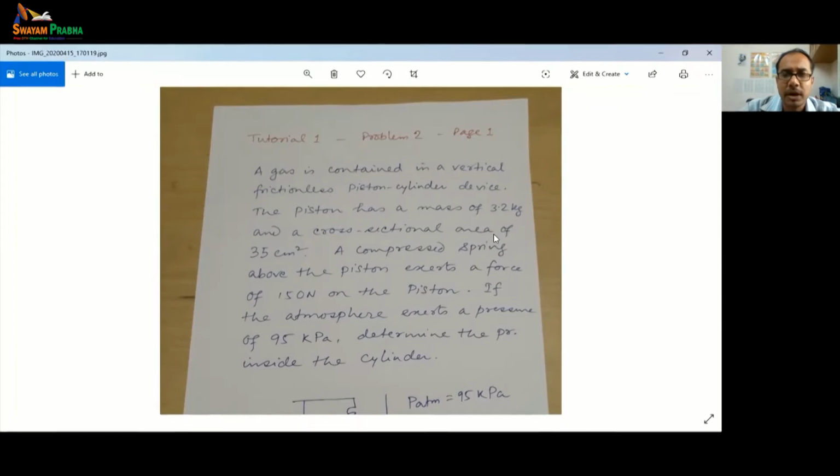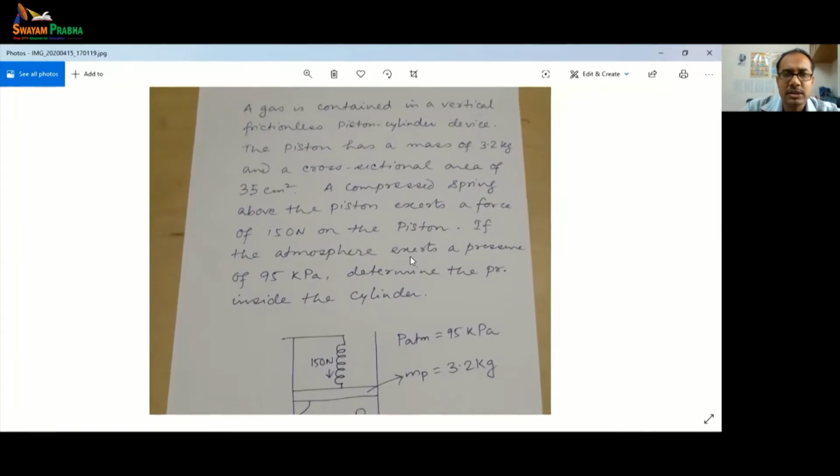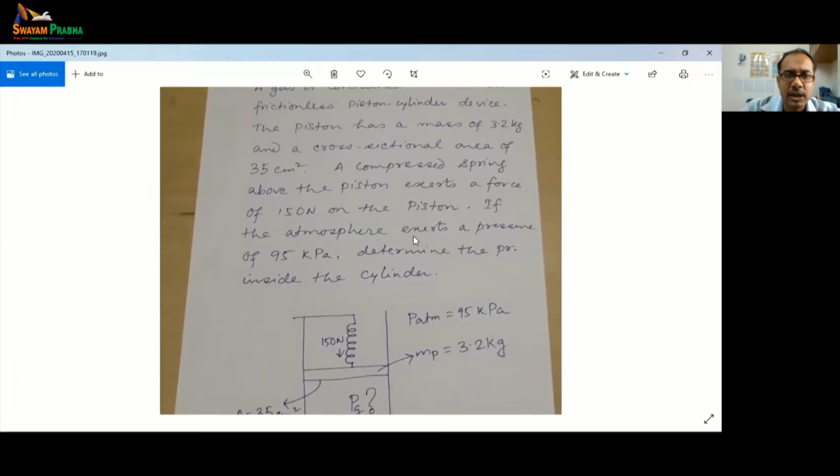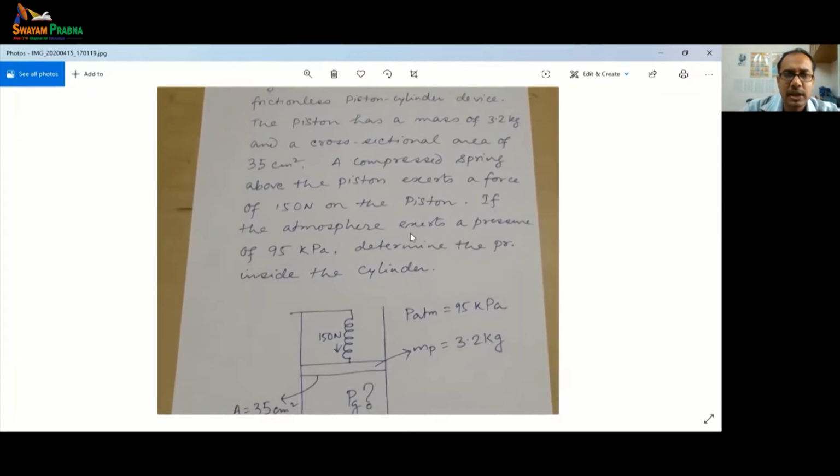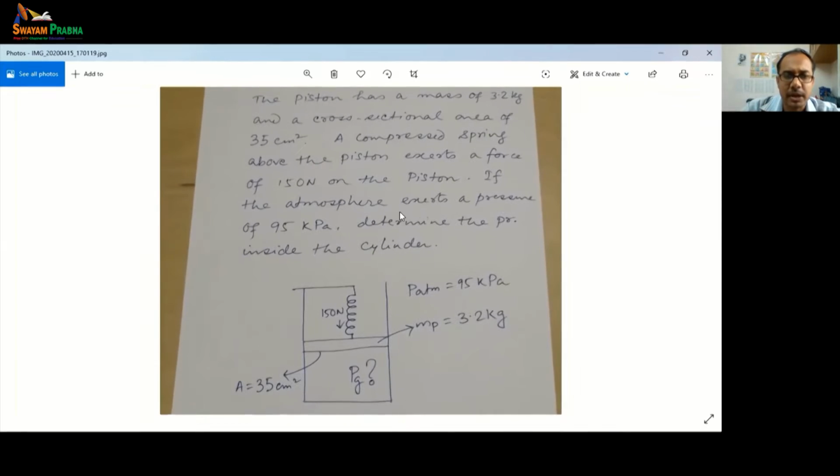The piston has a mass of 3.2 kg, as well as a cross-sectional area given to be 35 centimeter square. A compressed spring, so that's the complicating part here, that we have some extra force. So a compressed spring above the piston exerts a force of 150 Newton. This is given. You can also follow the diagram at the bottom.